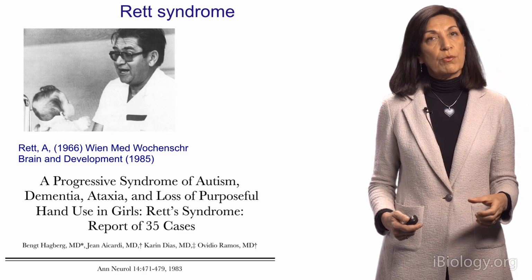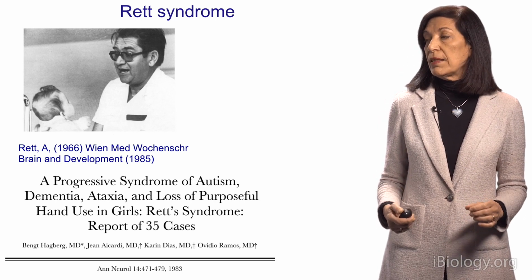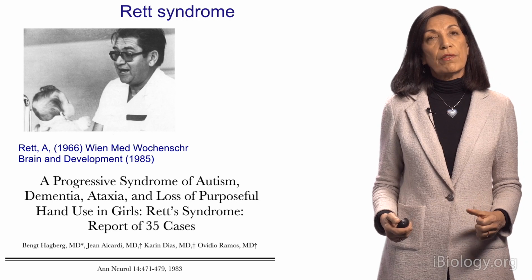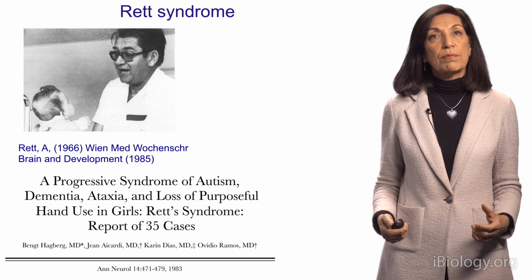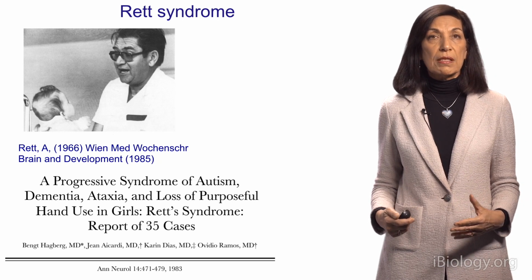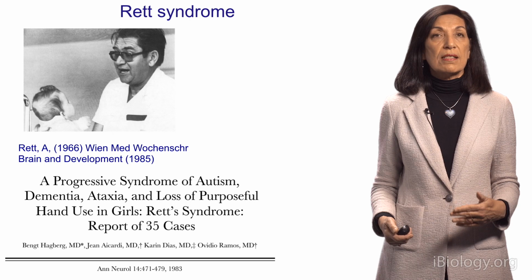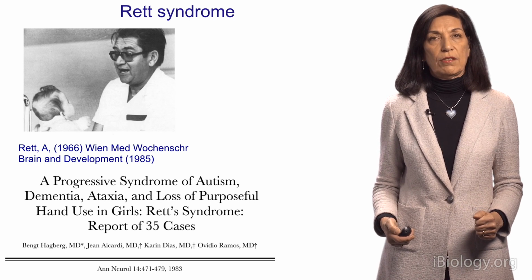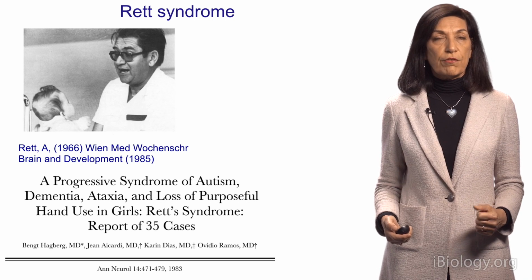That means usually if a child can use their hand, they no longer can use their hands. And this was all girls, and they reported on 35 cases, and they decided to call the syndrome Rett because as they went around in Europe discussing these patients, they realized that Andreas Rett has already described the syndrome in 1966.